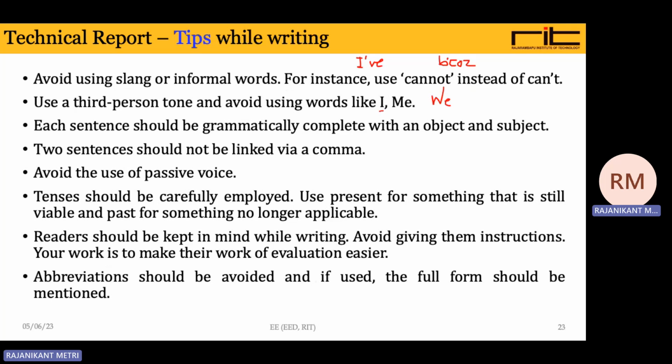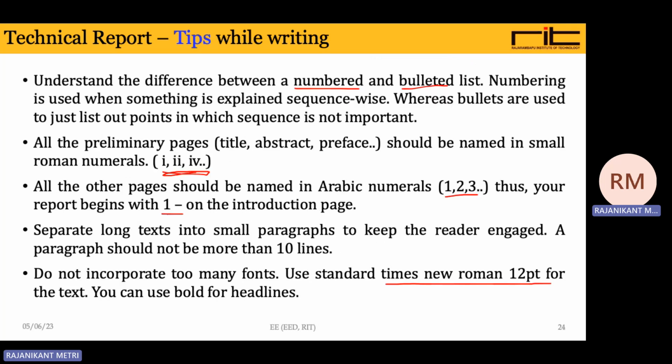And there are some tips: avoid informal words, avoid words like I and we, and keep the report with uniform fonts and uniform structure. Use numbered and bulleted lists according to your list.